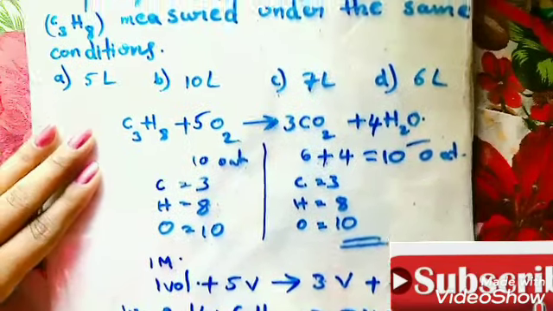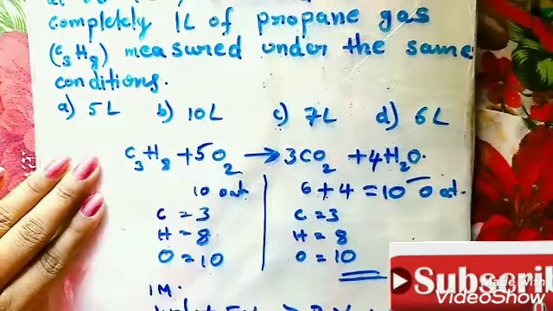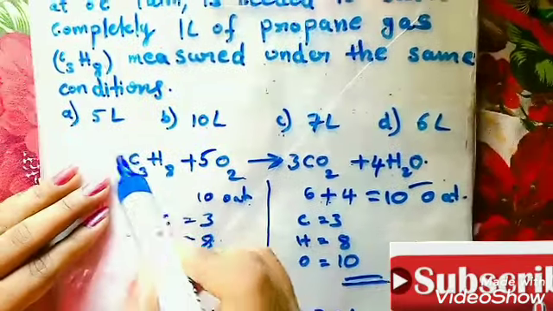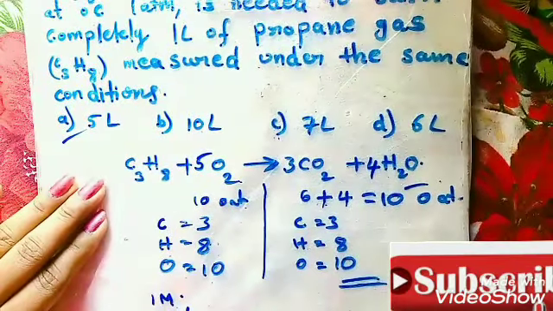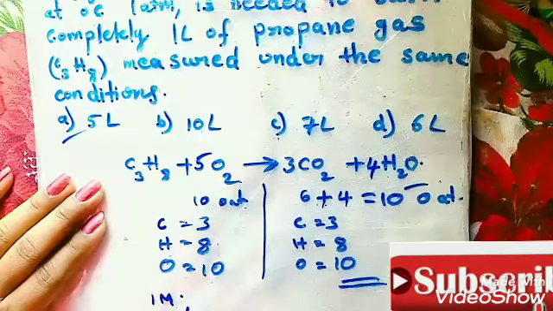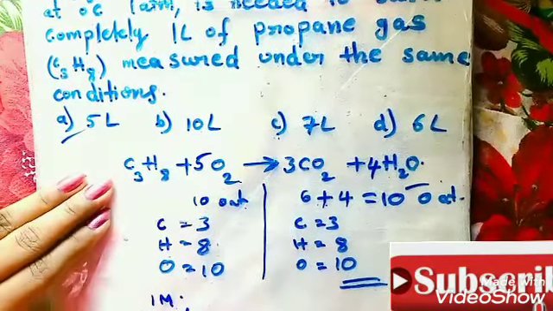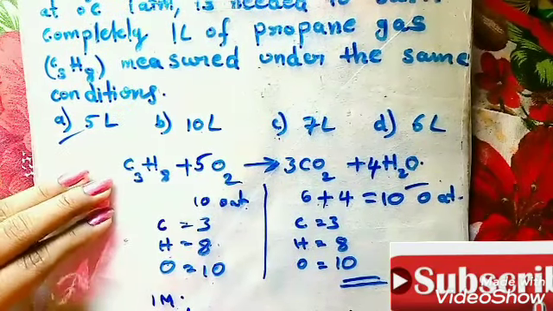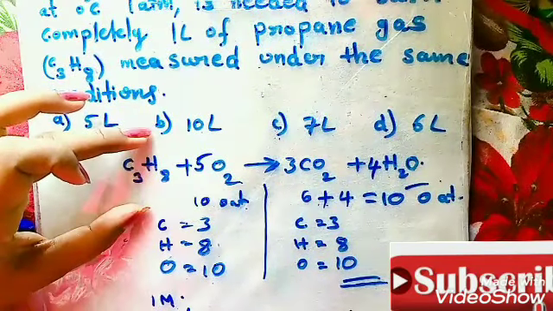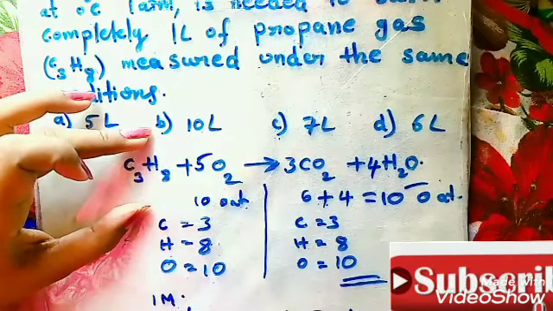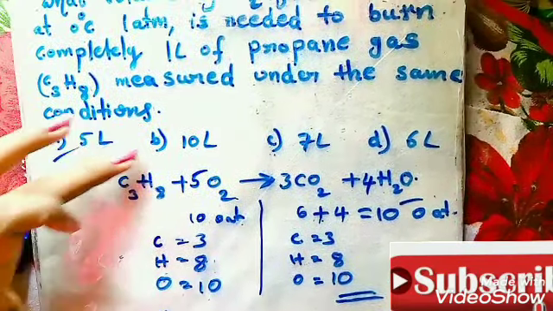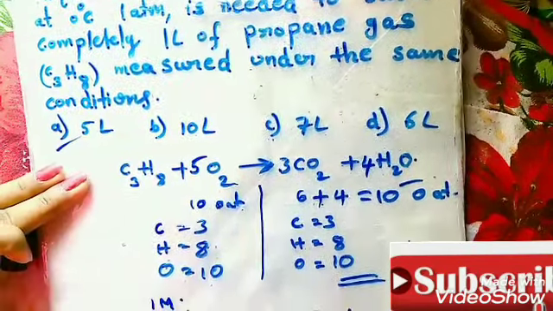So coming to the options, option A, 5 liters, is the correct answer. Just by writing the chemical equation and balancing it, you can find the answer. Here the correct answer is 5 liters.